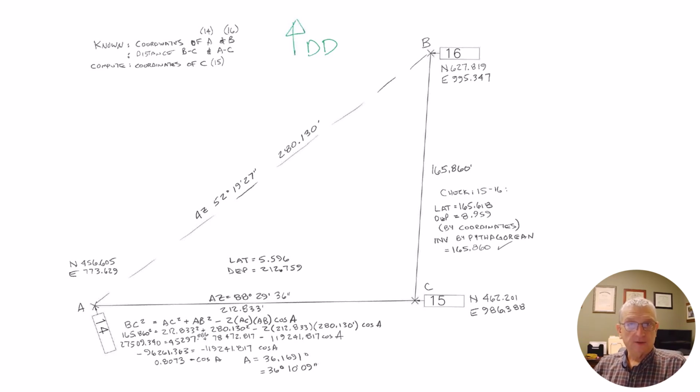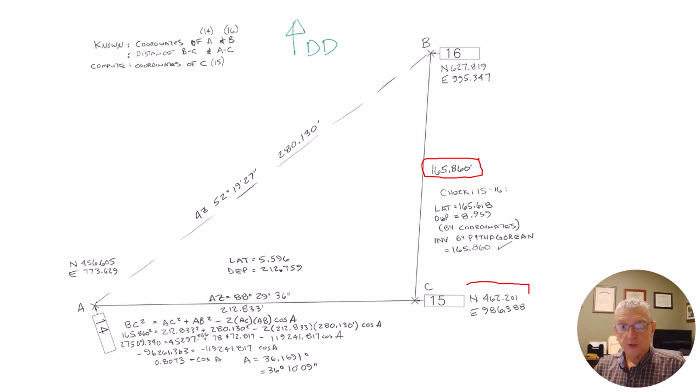Rather than duplicate this process with the law of cosines and have all these numbers to add, we just want to make sure that the coordinates that we've derived of C satisfy our givens, which is that the known distance, the measured distance from B to C, is 165.86.